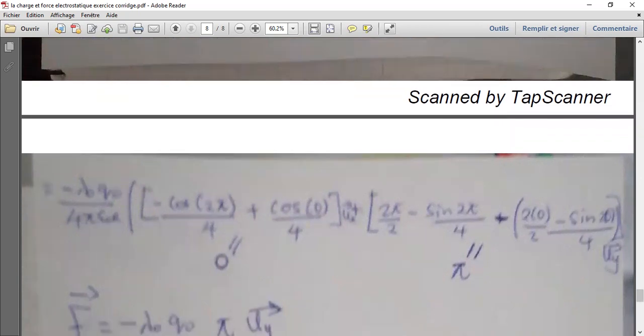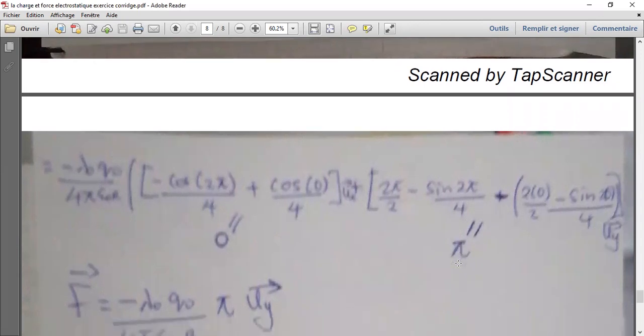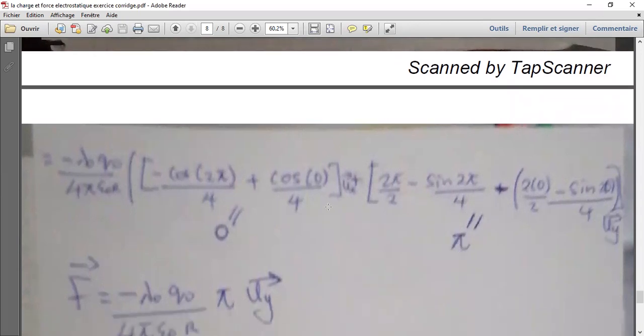If you do your mathematics here, you find that your answer is pi. So when you punch it in the calculator, your answer will be pi. So this one is 0, 0 plus pi, which is just pi.